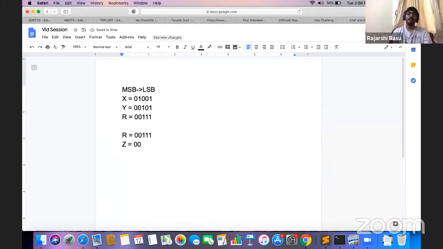And I say that this is the longest common prefix between R and Z. That means the next character must be different. Now Z cannot be greater than R, correct?